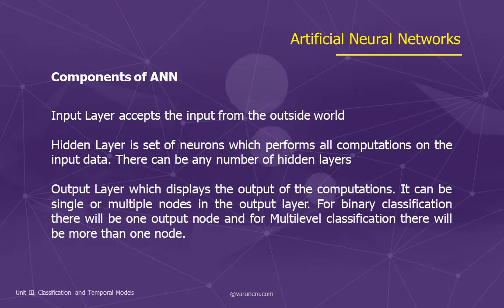And the third layer is the output layer. As I said already, this displays the output of the computations that are done by the hidden layer. The output layer can have a single node or multiple nodes. If you are performing some binary classification, you could use a single node output.